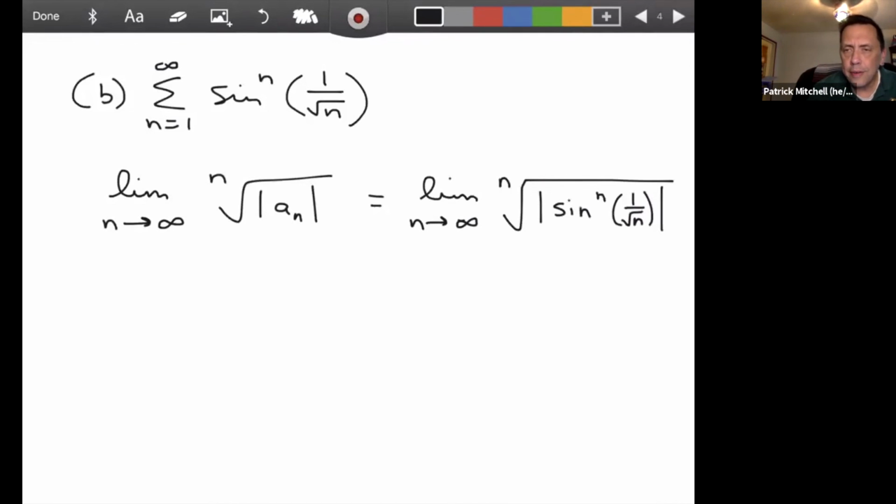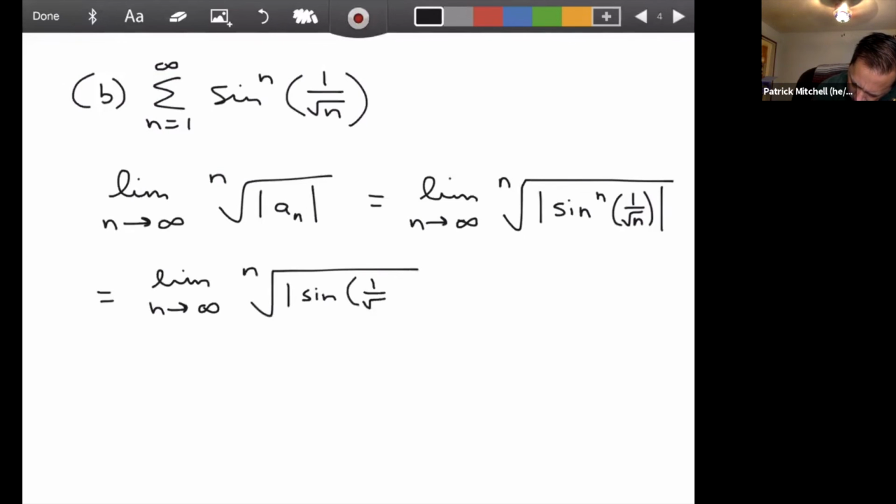Well, what I can do there, again, maybe belaboring the point a little bit, but I don't like to always gloss over these little details. The absolute value of the nth power is equal to the nth power of the absolute value. That is a fact from algebra that I don't think we actually talk about in any class that I've taught here.